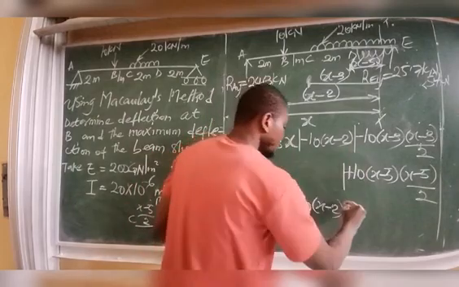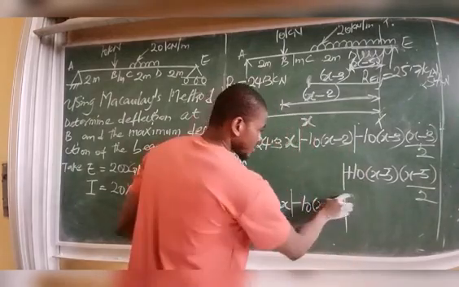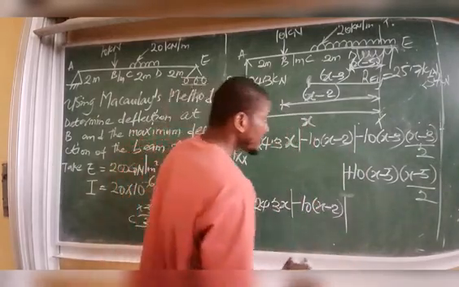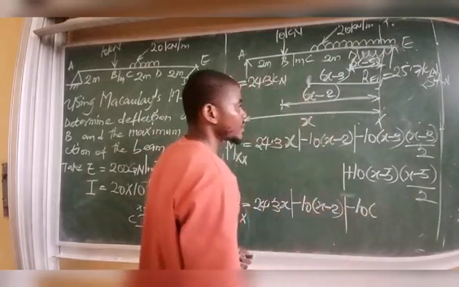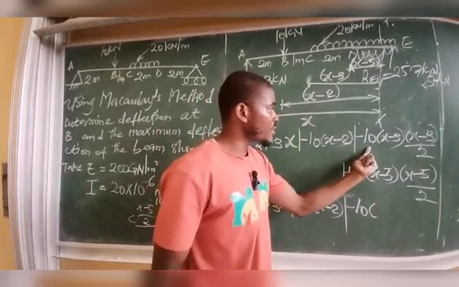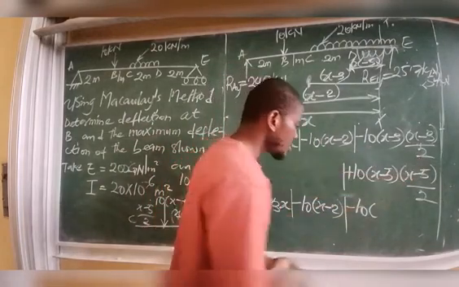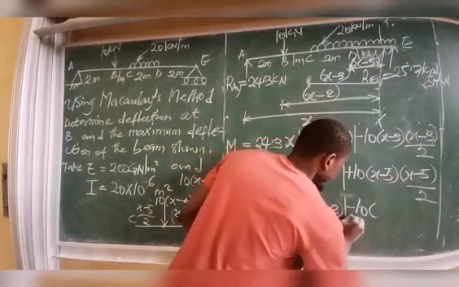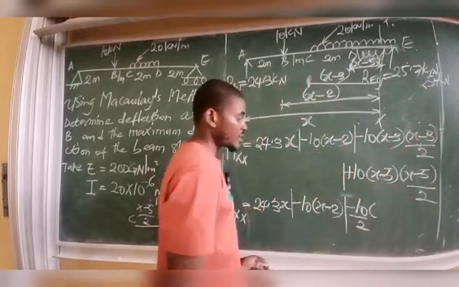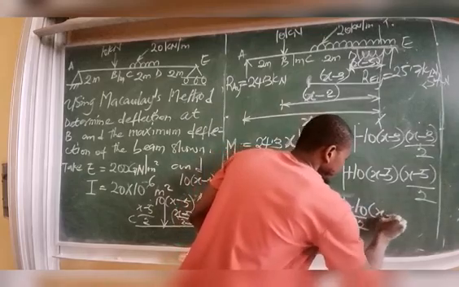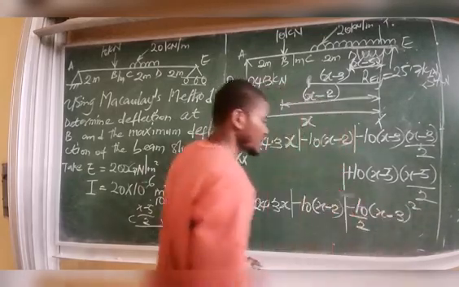Put down your Macaulay's brackets. I have here minus 10 into x. So please take note, this becomes minus 10 divided by 2 into x minus 3 times x minus 3. That will give me x minus 3 all squared.